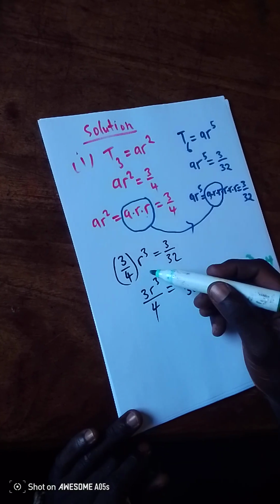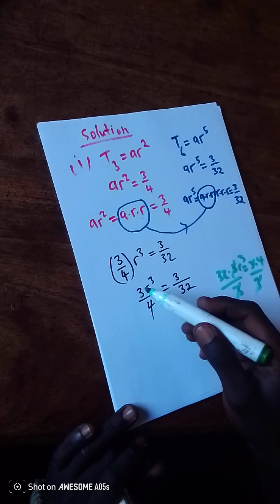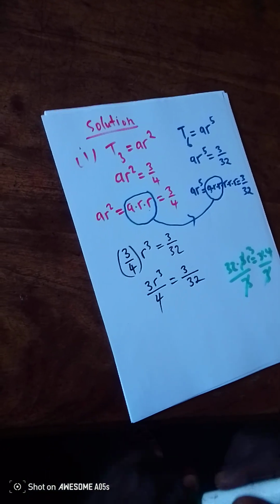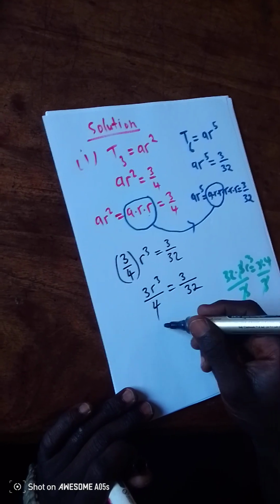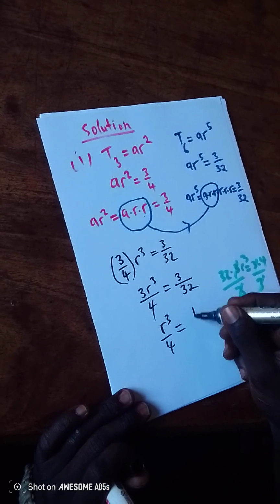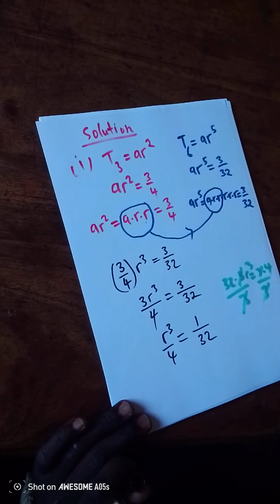So whenever I've got one single fraction and one single fraction with the same numbers, it is as good as just ignoring those numbers. So at this point we shall say R power 3 over 4 is equal to 1 over 32, because we have divided off those.